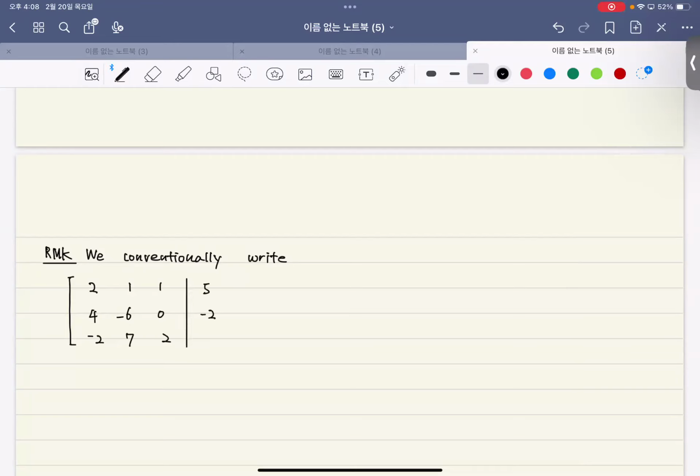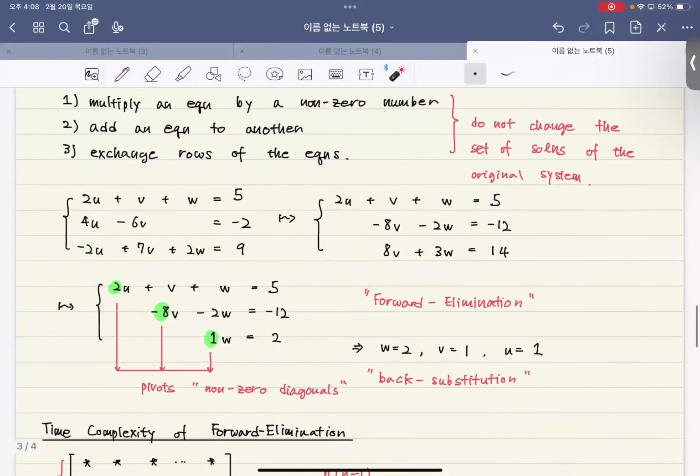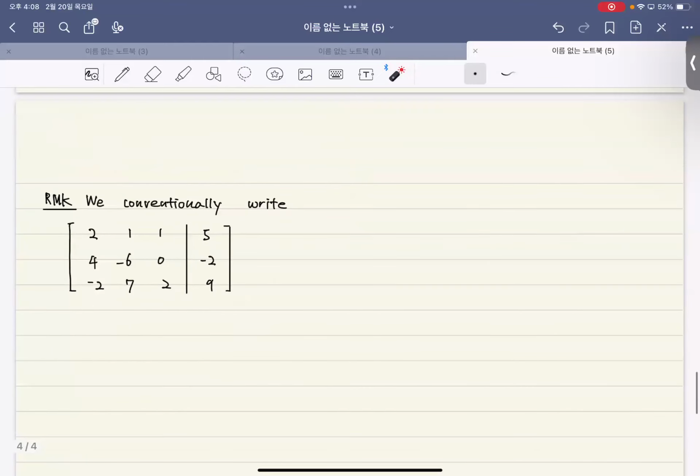5, -2, 9. I have put this one vertical line here just to differentiate the right-hand side and left-hand side. Sometimes we use this notation rather than this. I think this is more concise.